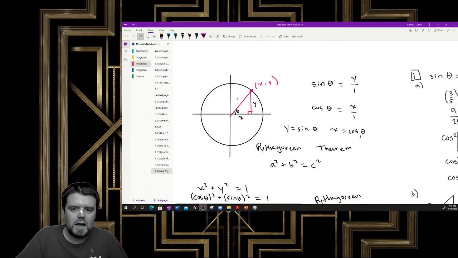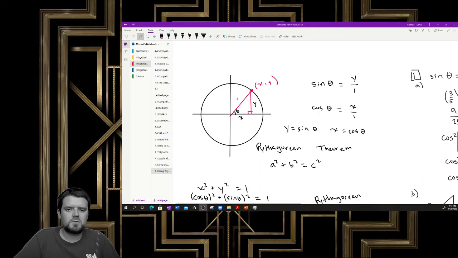Now, we know that the sides of a right triangle are related by the Pythagorean theorem. The Pythagorean theorem is a squared plus b squared equals c squared, where a and b are the 2 legs, in any order, and c is the hypotenuse. So relating the sides of this triangle, where a is x, b is y, and c is 1, I have x squared plus y squared equals 1.